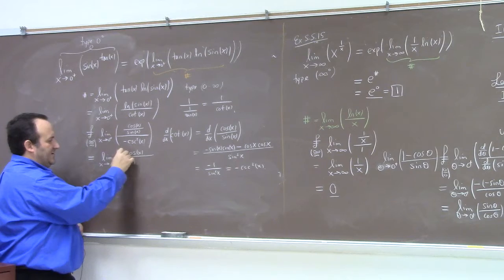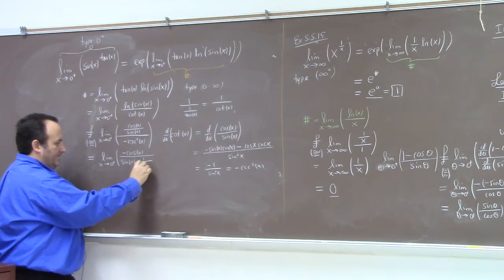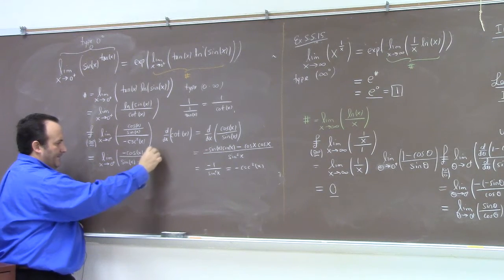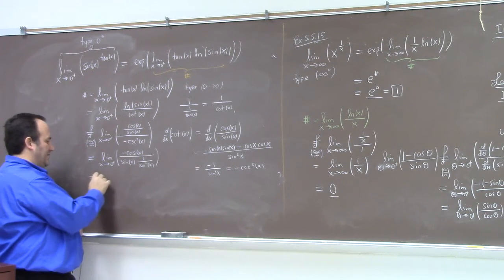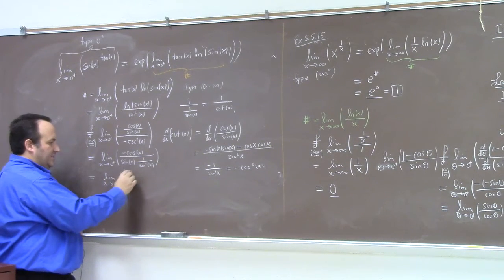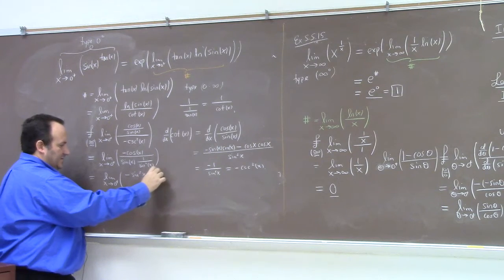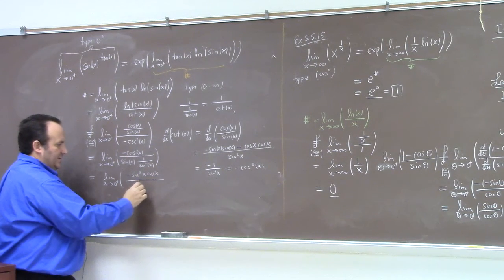Well, I'm going to put the minus up here, guys. This cosecant, remember, is 1 over sine squared x, right? So one more step here, maybe 2 more steps. That's the same as the limit as x goes to 0 of minus sine squared x cosine x divided by sine x, right?